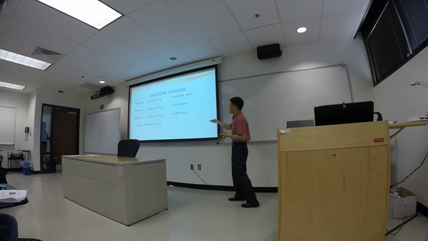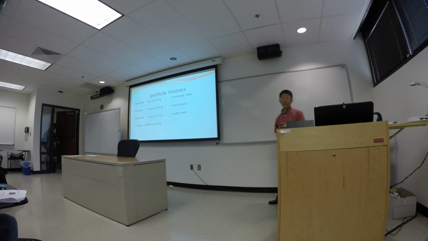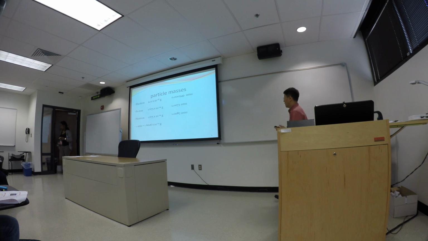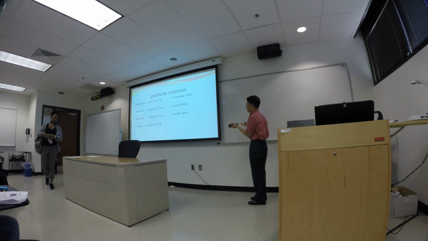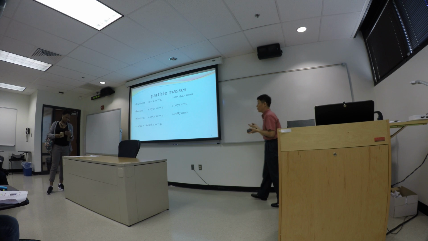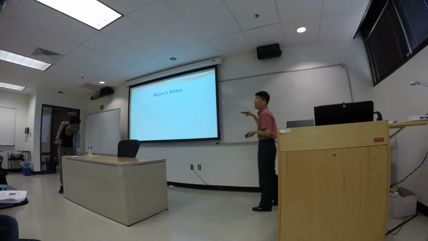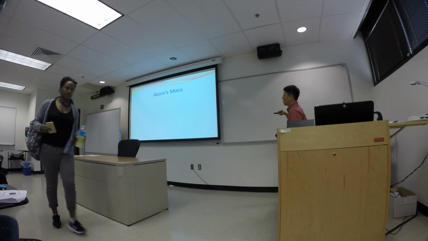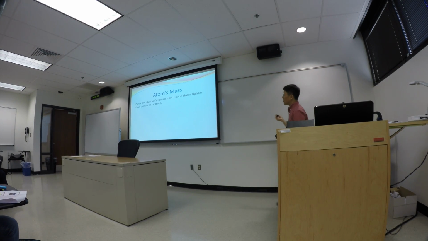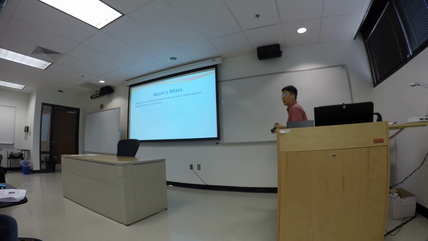So these are the numbers that we have, at least up to this day, and we have this understanding. These are the relative masses or the absolute masses for the protons, neutrons, and electrons. If you look at the mass of the proton, the electron, and the neutron, the electron mass is about 2,000 times lighter than the proton and neutron, and atoms are made up of protons, neutrons, and electrons.